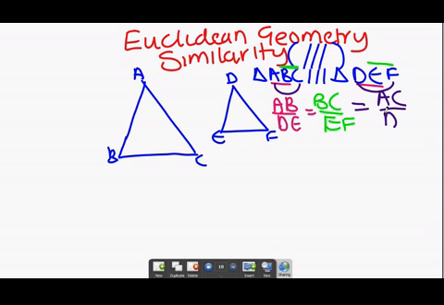So it's very easy. Once they tell you that two triangles are similar, this is what the proportion gives you.